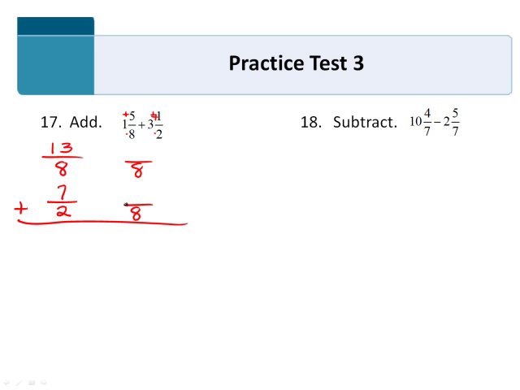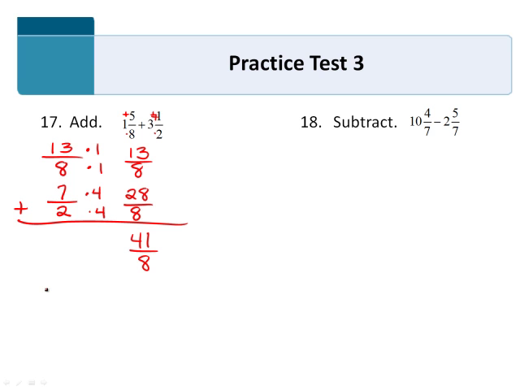So 8 divided by 8 is 1, 13 times 1 is 13. On the bottom fraction, 8 divided by 2 is 4, so 7 times 4 is 28. Now the signs are the same, so we add the numerators, and that should be 41 over 8.